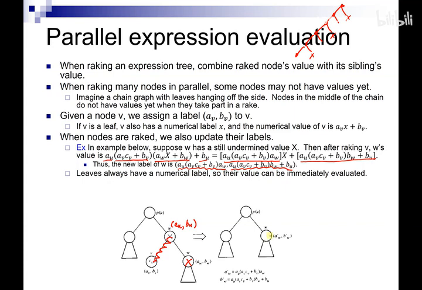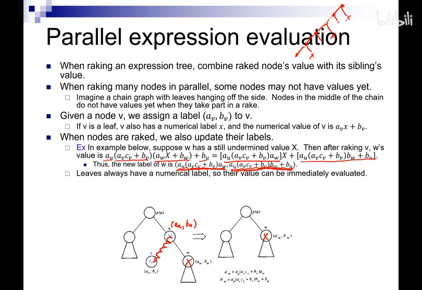Then we're going to produce a new node whose numerical label is x. For the pairwise label, the A prime part is going to be this thing over here, and the B prime part is going to be this thing over here.